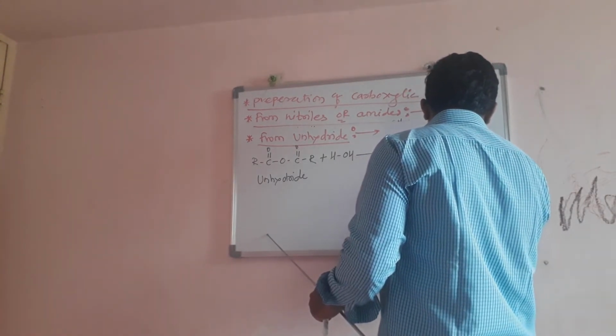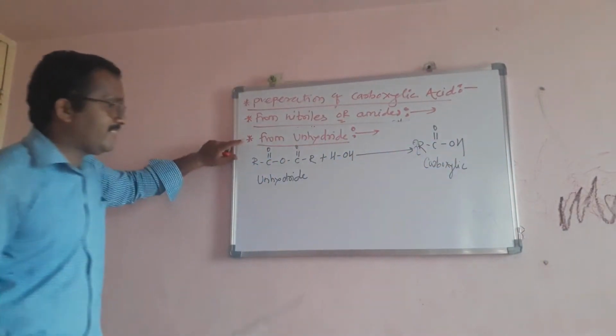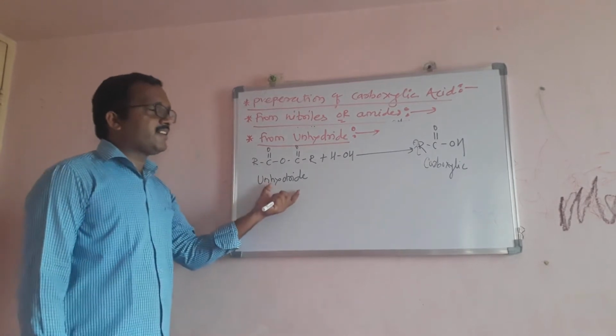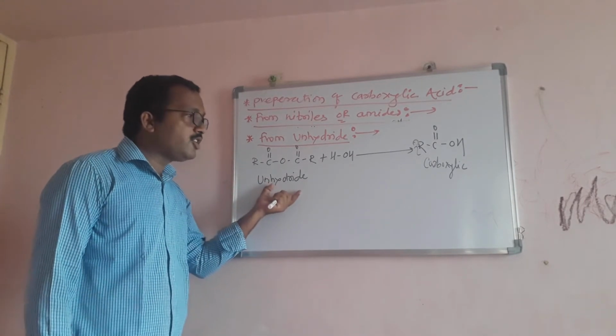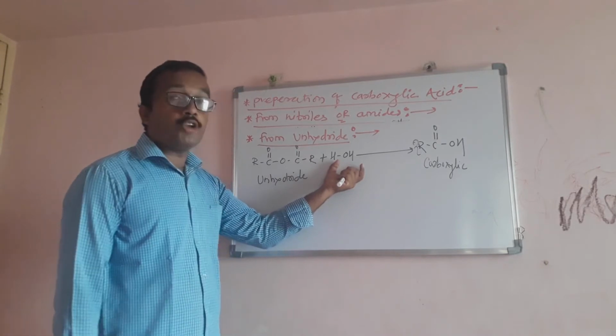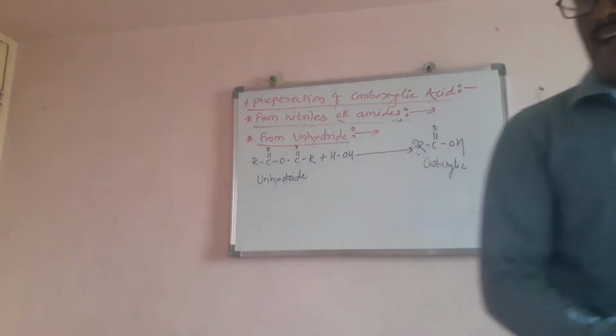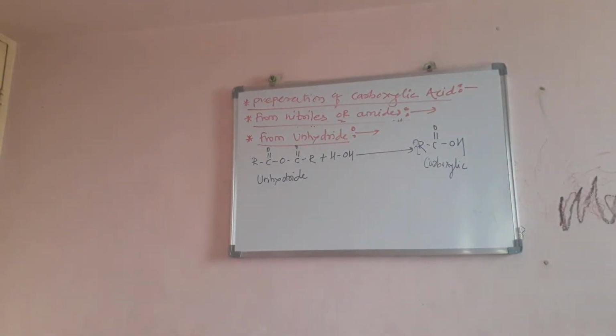So acetic anhydride or any anhydride undergoes hydrolysis with water to give the corresponding carboxylic acid. This is the next method of preparation of carboxylic acid, from anhydrides.